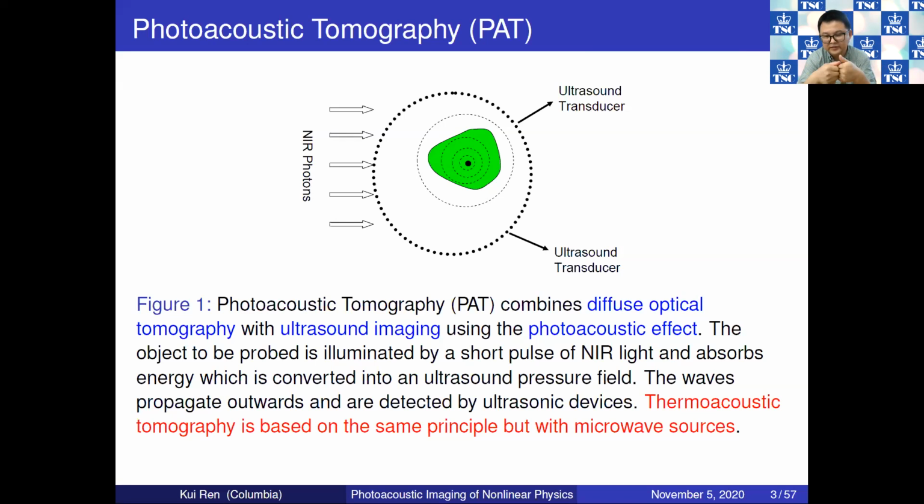The cooling introduces contraction, and this expansion and contraction process generates acoustic waves, ultrasound. Again, this is just one simple, naive explanation of the process. There are in fact many more methods to generate signals, but this is the most naive situation, where you couple the photon propagation process with ultrasound signals.